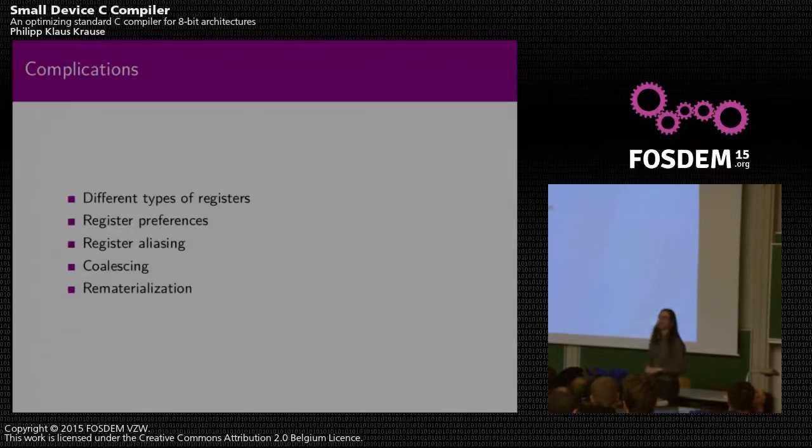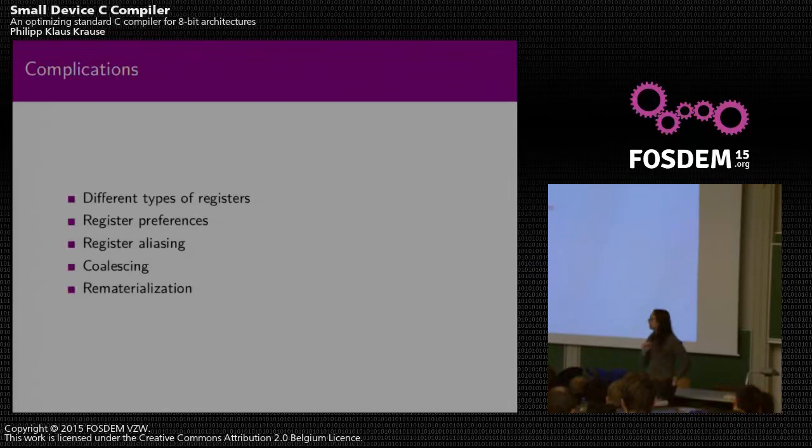There's coalescing, which basically means if you have an assignment and the right operand is not used after that assignment, you could just allocate both into the same register, and you wouldn't have to emit any code for the assignment at all. Then there's rematerialization, which basically means you have a variable that you could allocate into a register or into memory, but you also could recalculate the value of the variable as needed.